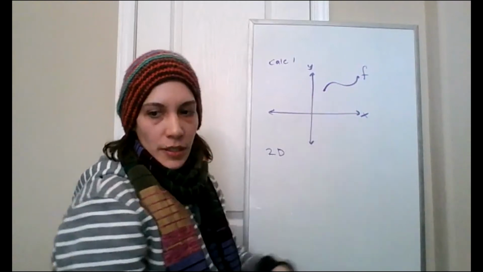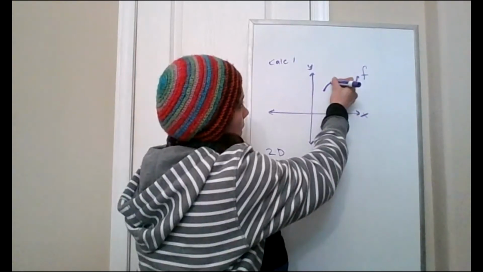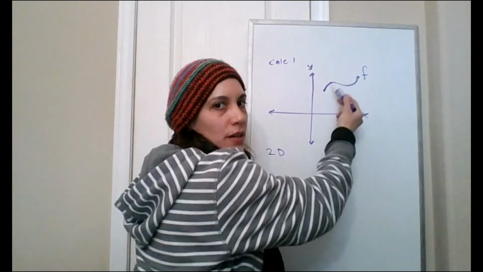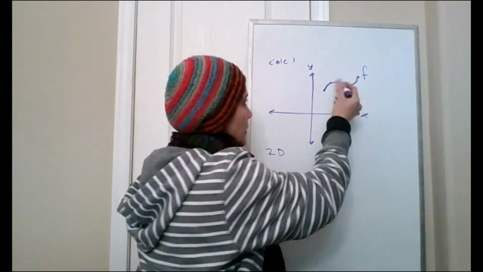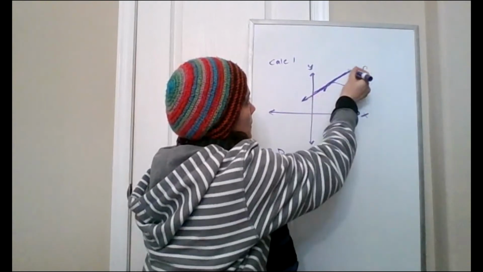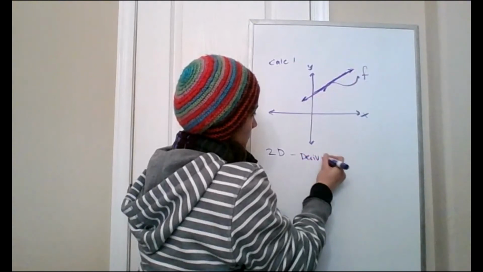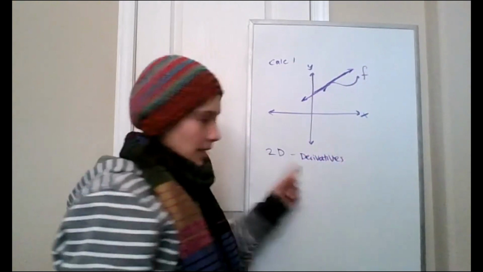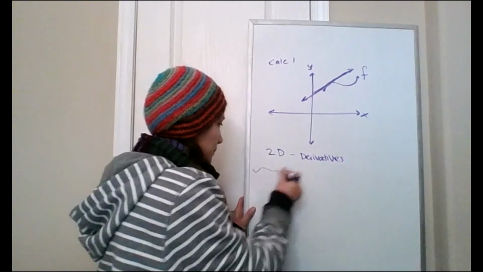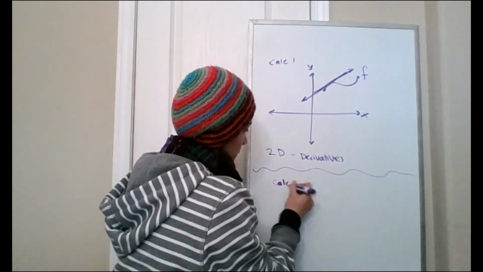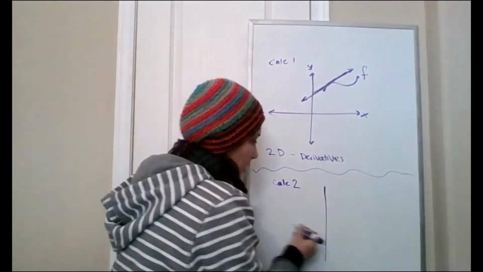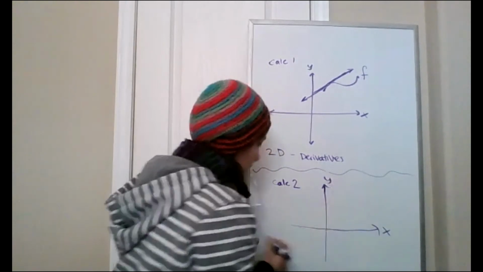So we'll do a quick picture. Let's say we're right here and we do the derivative, which is a line that expresses what's going on right at that point for that curve. Tangent line right there. So that's the big goal, the main focus of our class. And then you go to Calc 2. There's a few other topics in there as well, but overall, you've got x, y, you're in 2D.